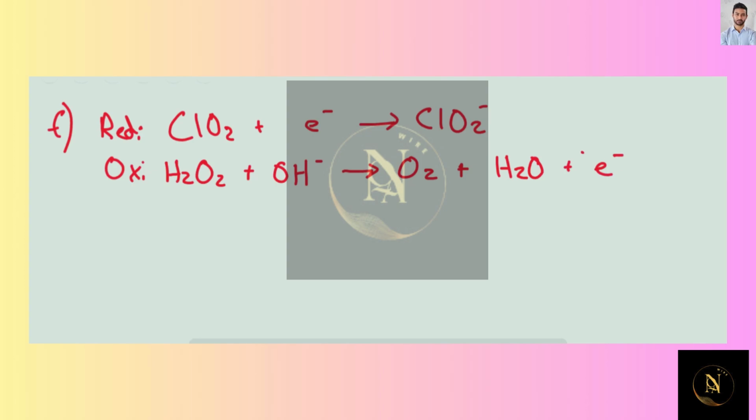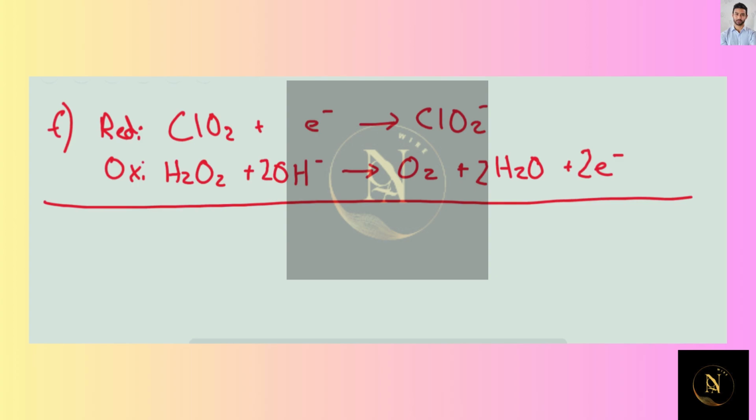We have the oxygen going from -1 to 0, so we're taking away 2 electrons. We have 2 hydrogens on the left, 4 hydrogens on the left, so we need 4 on the right, so we have 2 waters, and we need 2 hydroxides. So we need to multiply the top reaction times 2, so the electrons will cancel out.